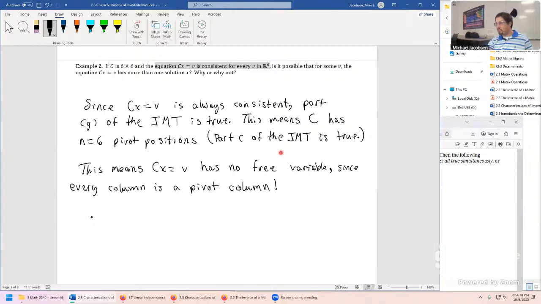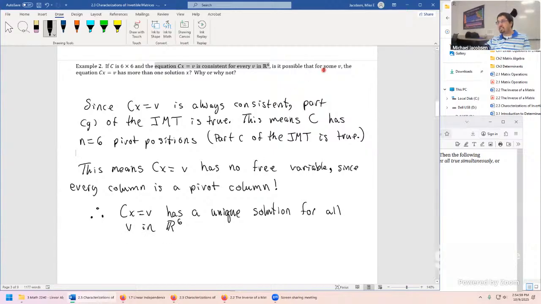So we can now say, therefore, there being a pivot in every column, Cx equals v has a unique solution for all v in R6. So we answered the question of, is it possible? It was a direct question we were being asked.